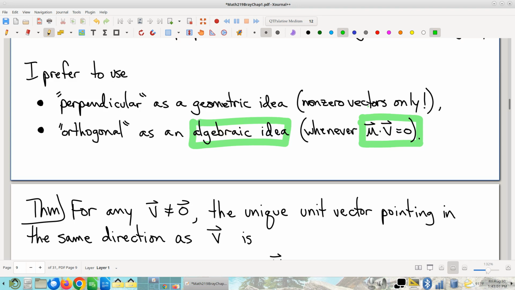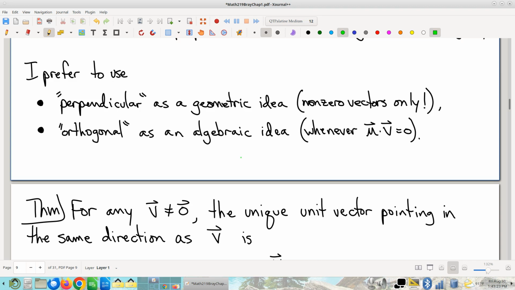Right? So these ideas apply to different collections of vectors. They are different turf, you might say. One is about geometry, one is about algebra. Dot product is an algebraic construction. An equation is an algebraic construction, right?